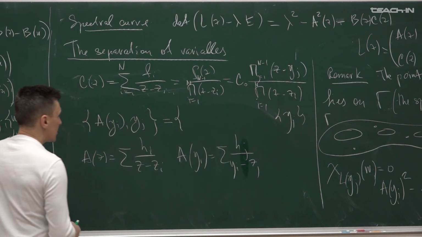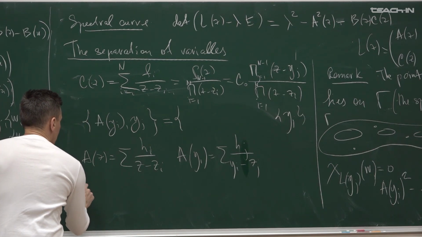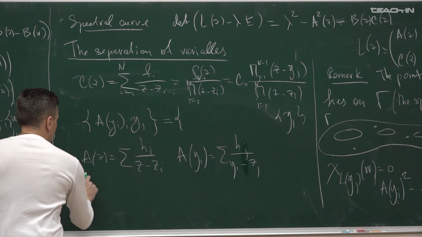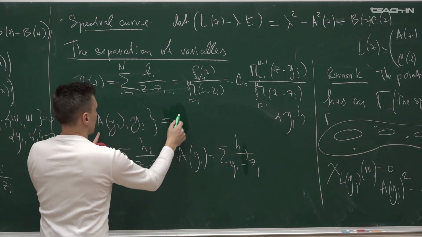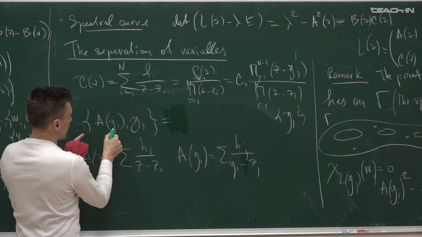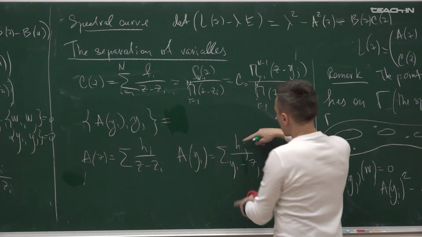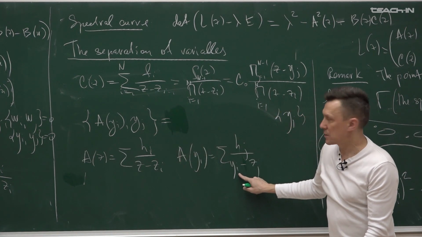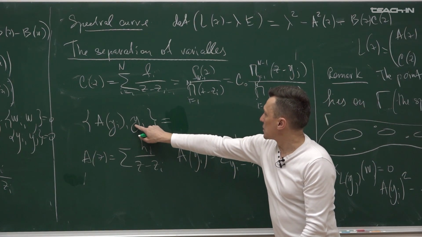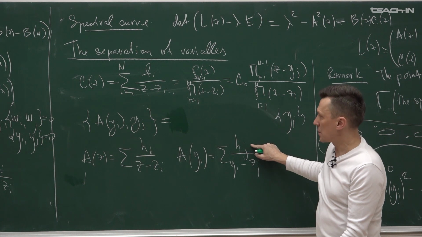I have to do the following thing: if I differentiate A, there are Poisson brackets between omega_j with this y_i and with y_j with the coefficient h.